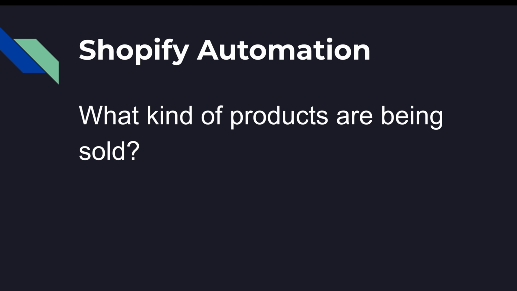What kind of products are being sold? The only products that will be sold in your store are only, and I mean only, viral and trending products within different industries of the business. For example, you're going to have products from housewares, sports and outdoors, and fitness. You're going to have all these different products in all these different industries within your store.